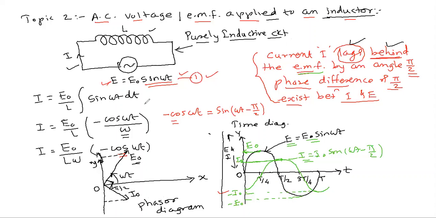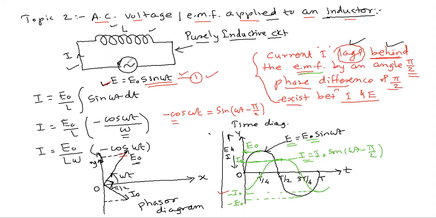Once again, dear student, just to recall all the steps involved in deriving the equation of an alternating voltage applied across the inductor. First of all, we connected the inductor across the EMF, which is called a purely inductive circuit. We applied the EMF E is equal to E naught sine of omega t. Then the induced EMF across the inductor is minus L di by dt.